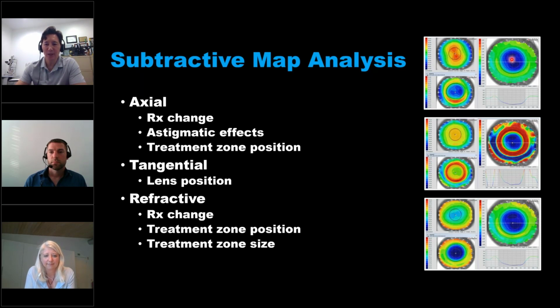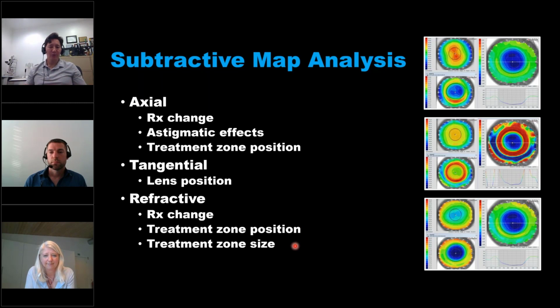But if you look at the subtractive side, as Meta said, they're virtually identical. For axial, you understand the refractive change, the astigmatic effects, and the treatment zone position. With the refractive power map, you also understand the refractive change and the treatment zone position, but you have a better understanding of the treatment zone size.